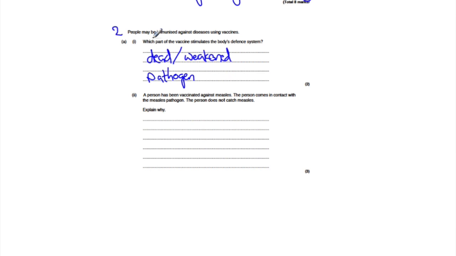Part 2, a person has been vaccinated against measles. The person comes into contact with the measles pathogen. The person does not catch measles. Explain why. And there's 3 marks up for grabs there. So again, we're looking for 3 different points, 3 different reasons for us to be given the marks. So first point is that white blood cells produce antibodies.